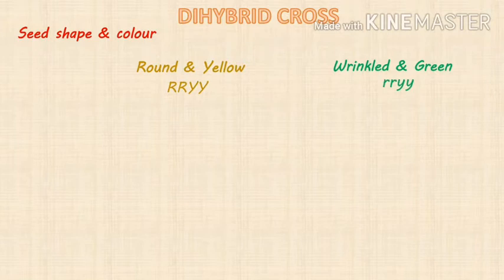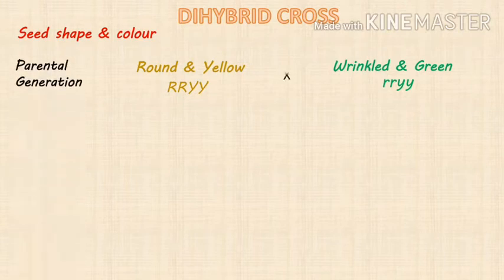Genotype or genetic composition of this phenotype is represented as round by capital R and yellow by capital Y. In other plant, wrinkled by small r and green by small y. We know that dominant gene is represented by capital letters and recessive gene is represented by small letters. Here dominant character is round shape and yellow color.